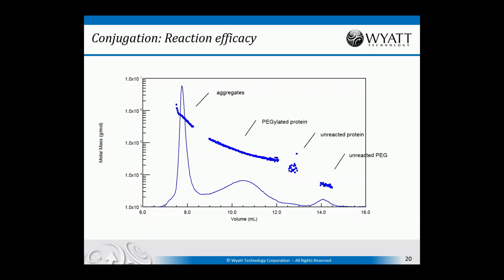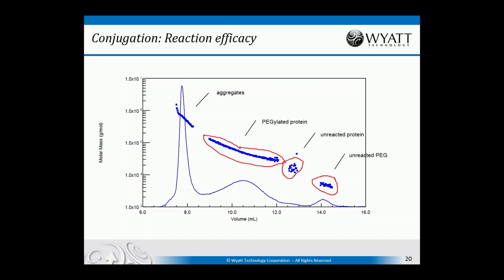Besides characterizing just the complex itself, this type of analysis is useful for looking at the results of a reaction, where we're looking at a pegylation reaction. Doing the separation, we can identify the unreacted PEG, which in this case would have no UV response, the unreacted protein, which in this case would have a UV response, and we would see the molecular weight of the protein and the pegylated protein.